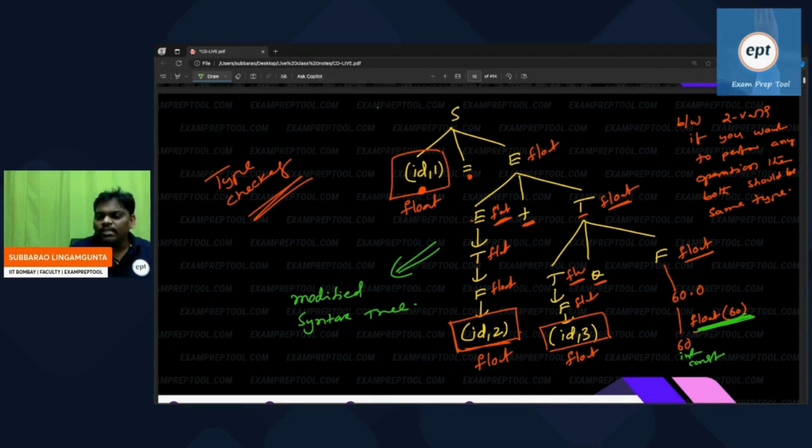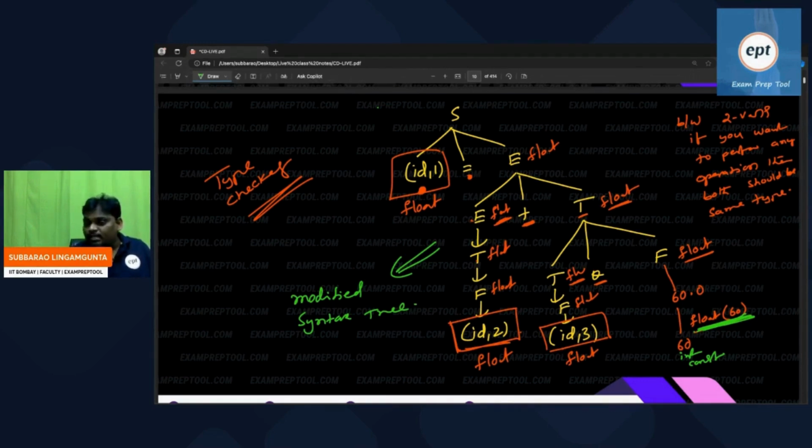Someone is saying annotated syntax. Afterwards, we'll see. Yeah, whatever you are saying is also correct. Can you help me? Out of all these three, who will bother about types?